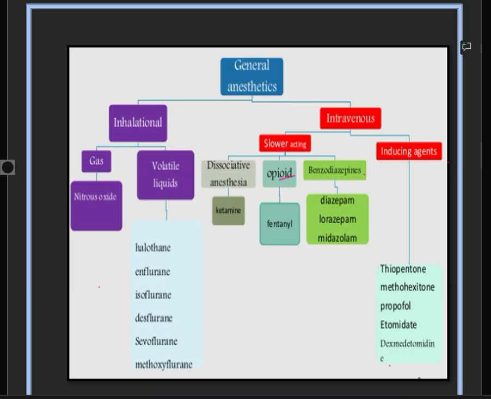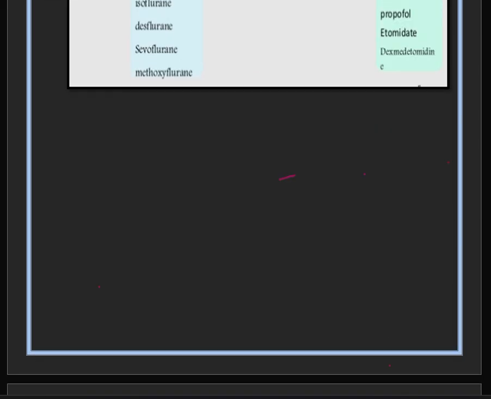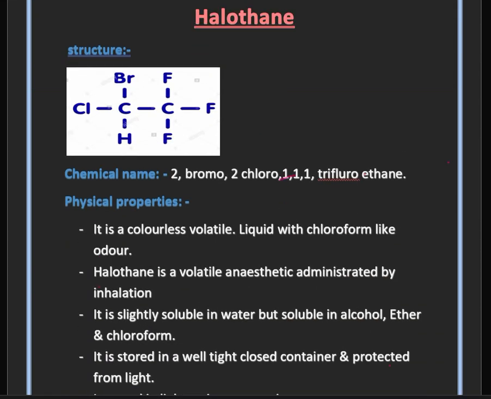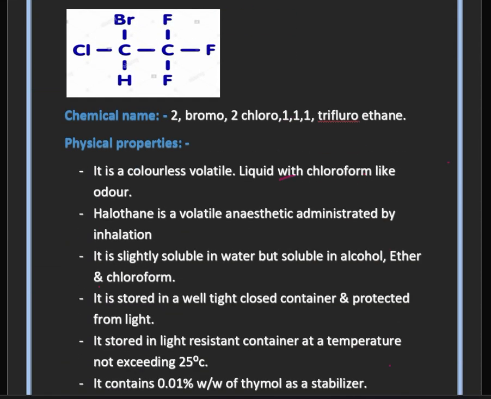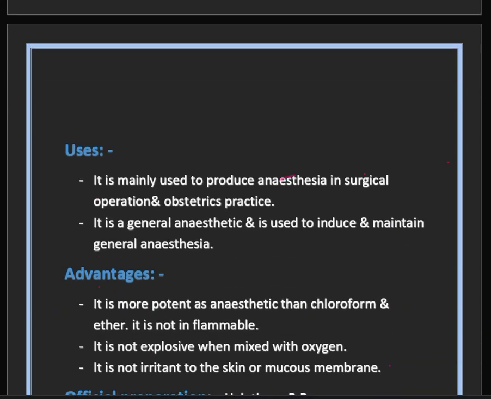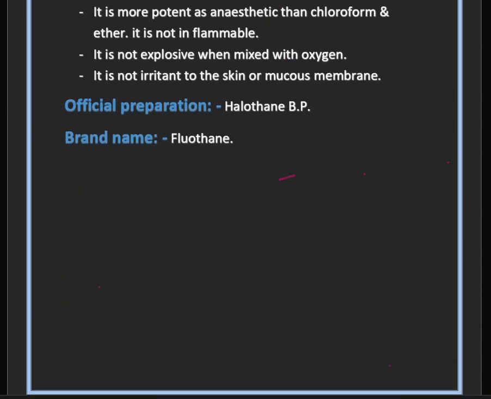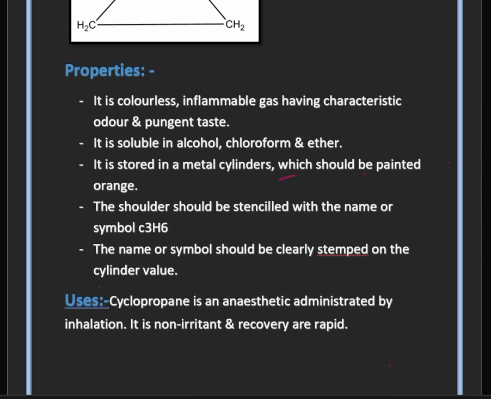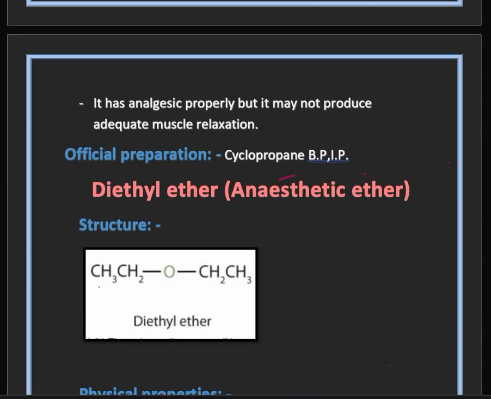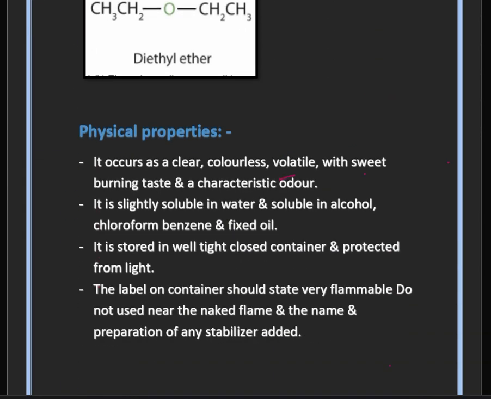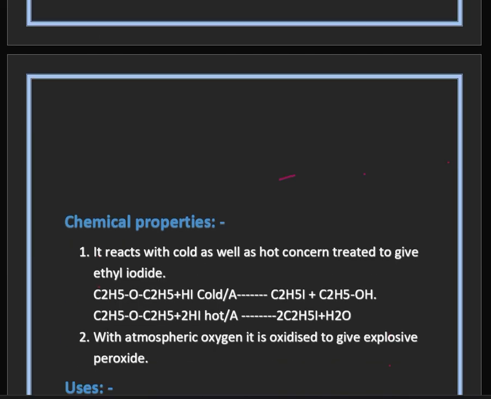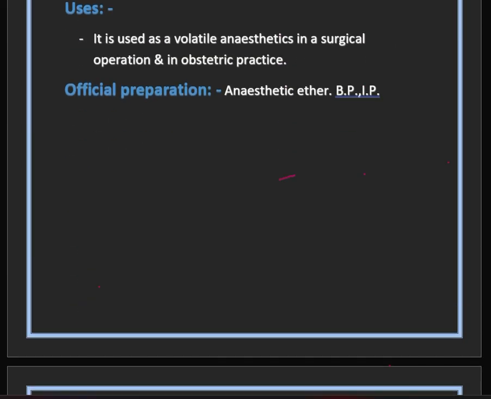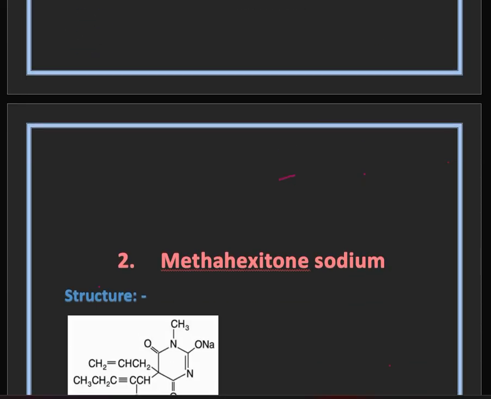Now coming to the chemical structure, chemical name and uses of anesthetics one by one. This is halothane: uses, advantages, official preparation, structure. This is cyclopropane: structure, properties, uses. Then diethyl ether, anesthetic ether: chemical properties, uses, official preparation plus structure.